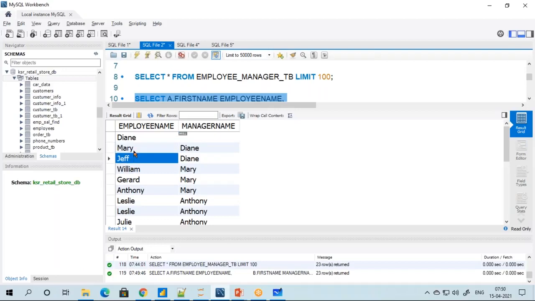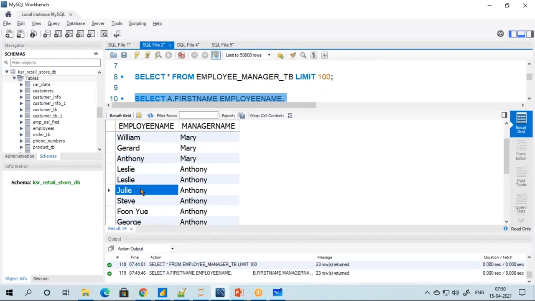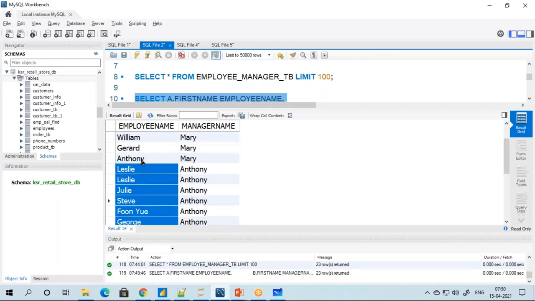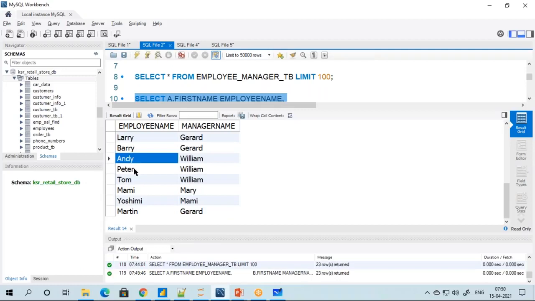Mary and Jeff, these two people's manager was Dine. William, Gerald, Anthony, for these people Mary was the manager. Lacey, Julie, for these three people, maybe for all these six people, Anthony was a manager. Andy, Peter, Tom, William was a manager.